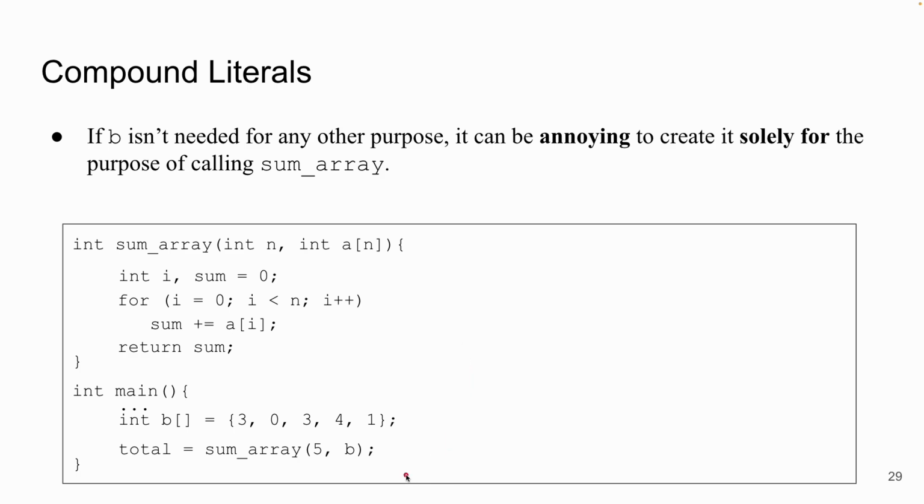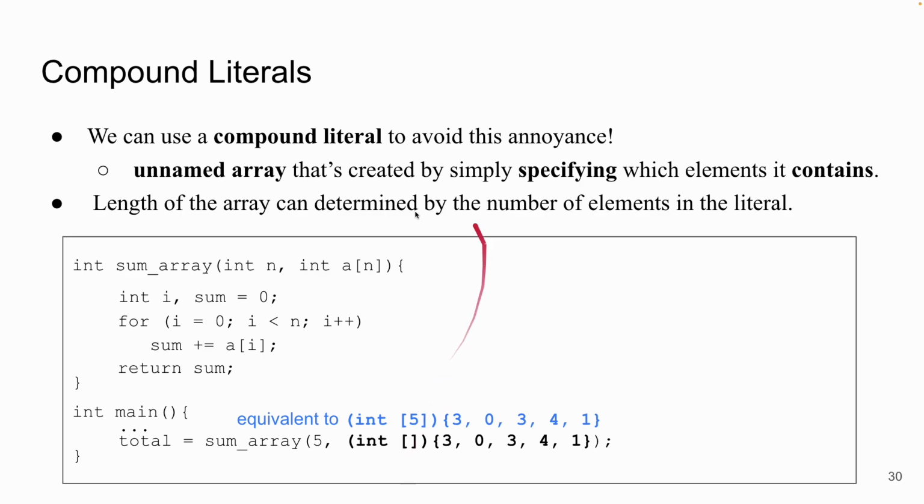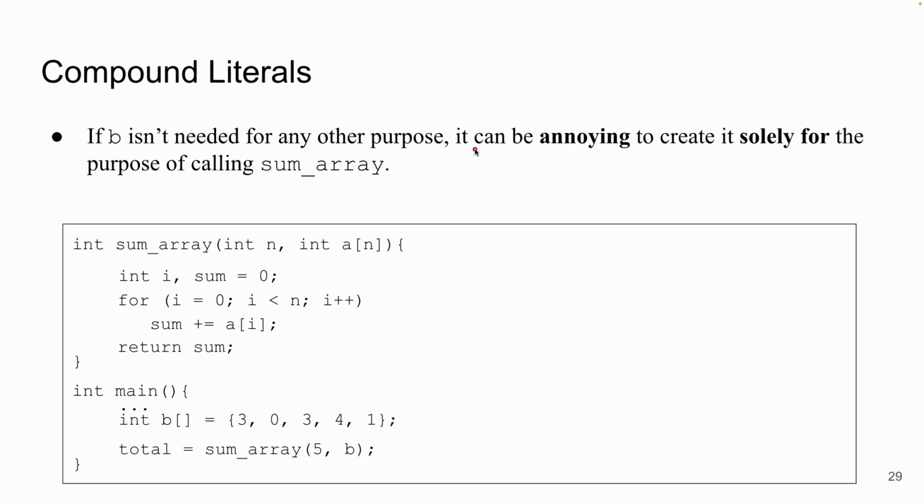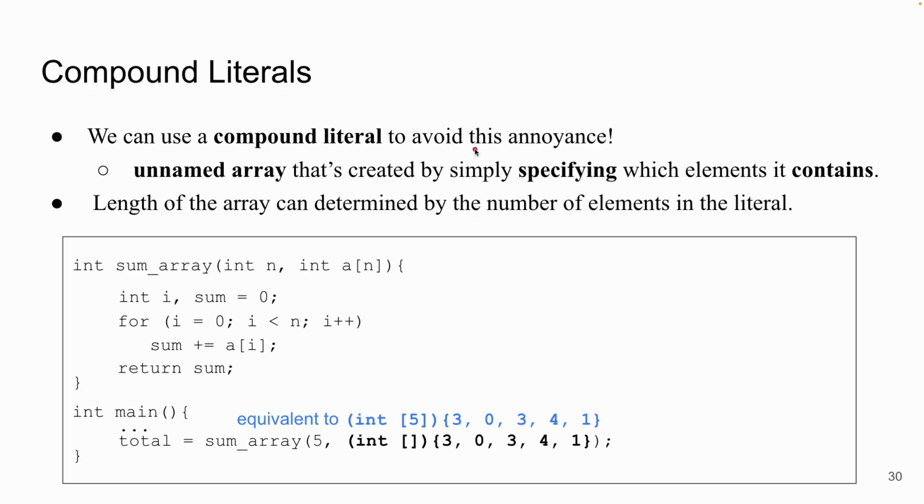So if that is the case, C provides, I would say, a convenient way to simplify our code. In this case, we can use a compound literal to avoid this annoyance of declaring an array just for the sum. So we can actually write this expression here. This expression altogether that I show in bold here is called a compound literal.